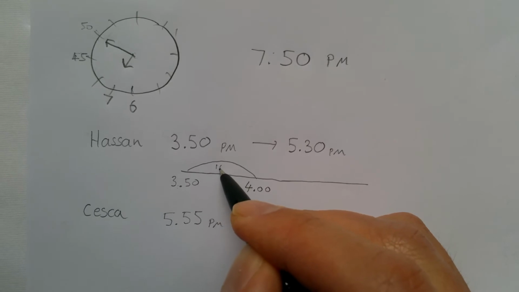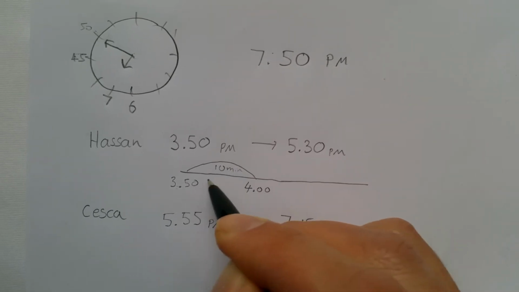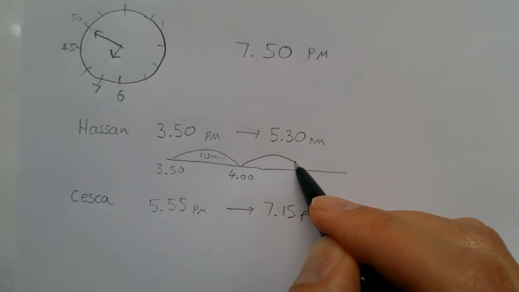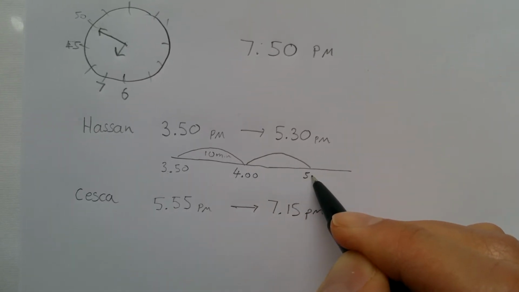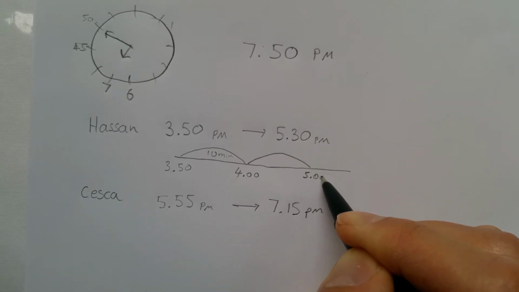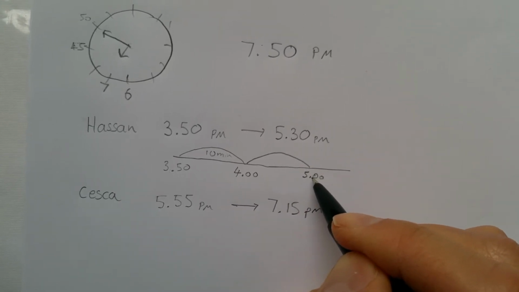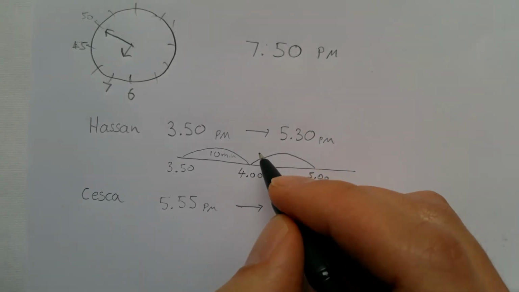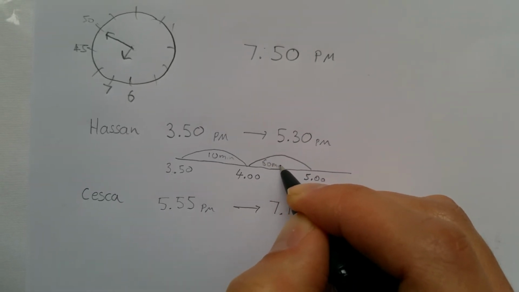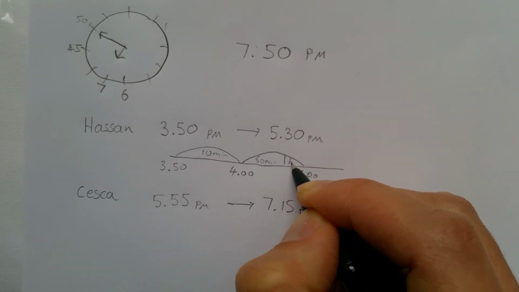So this is 10 minutes to get to 4 o'clock. Now he read to 5. So now I'm going to jump to another hour and break it down again. How long did he read to get from 4 till 5? Well, that's a whole hour. So I could either say that's 60 minutes, or actually it's 1 hour, same thing.